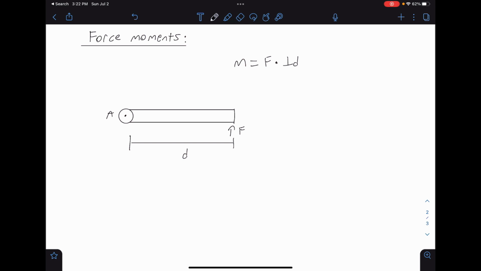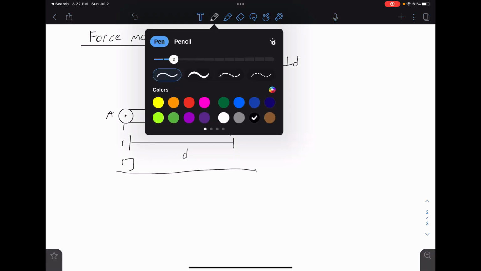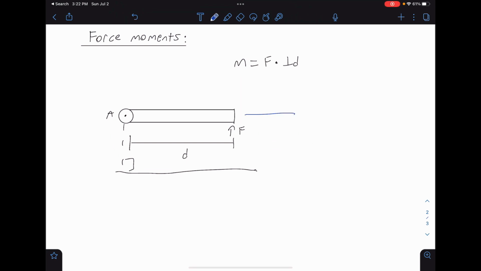And why is perpendicular distance important? This distance along this door is where we are applying the force, and that is perpendicular to the point A. What if I applied a force right here? Now, you were probably not thinking that because it doesn't make any sense to open a door from, I don't know, the wrong side.